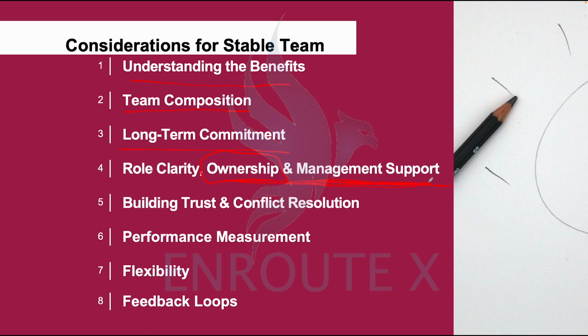Then of course you want to build trust. An unstable team, you would from time to time have to resolve conflicts when there are such. But as team members begin to work together, they begin to become more self-organizing and solve their own problems. You want to also measure the performances of that team from time to time.